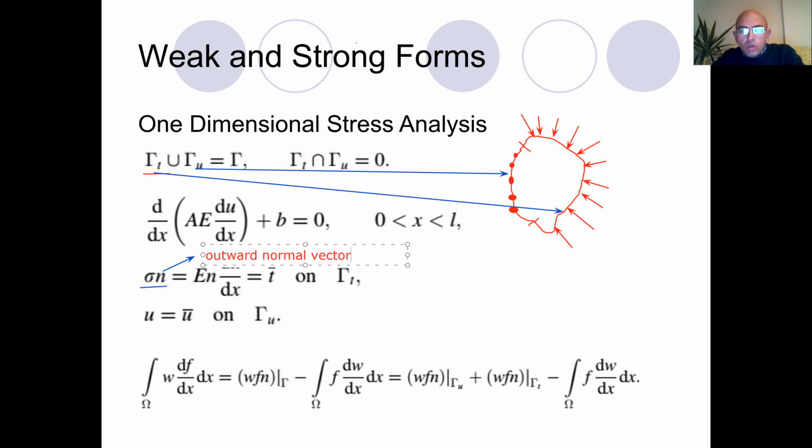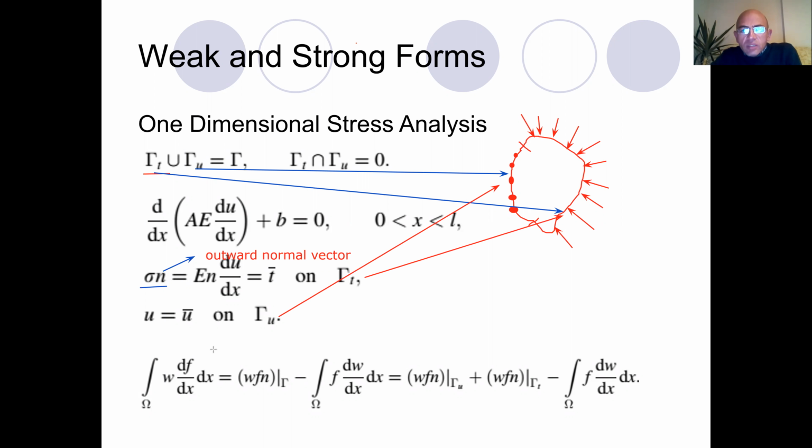So it is the outward normal vector, and that's equal to E multiplied by n du dx, and that's equal to the traction force on the stress boundary condition, and moreover U is equal to U bar on the gamma U. So we have T here and gamma U here.